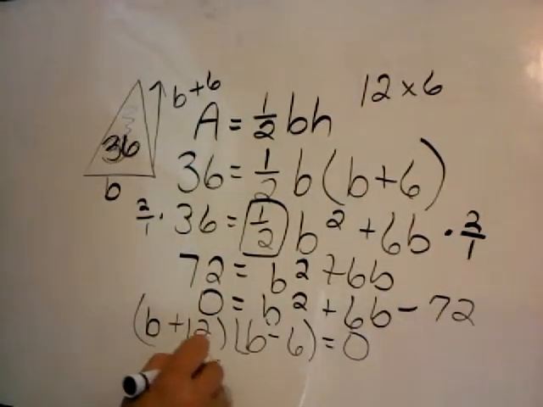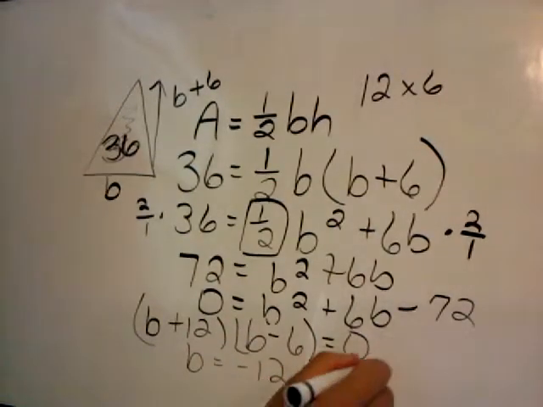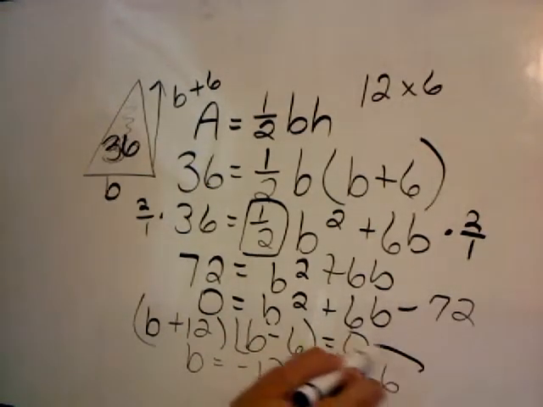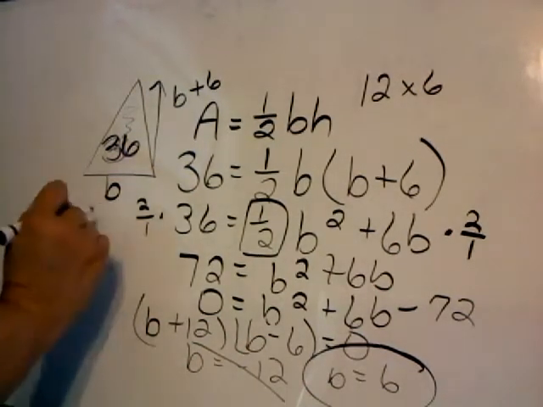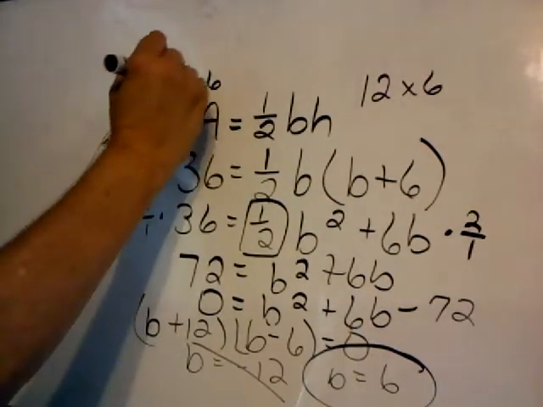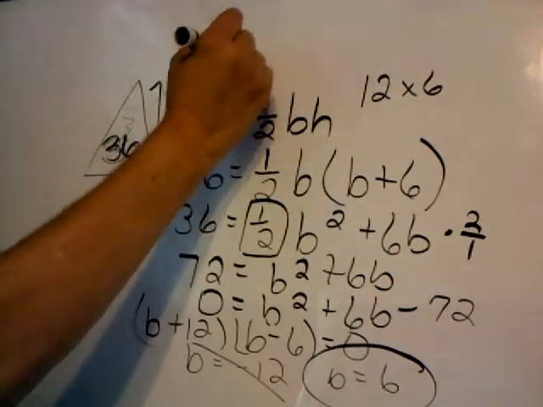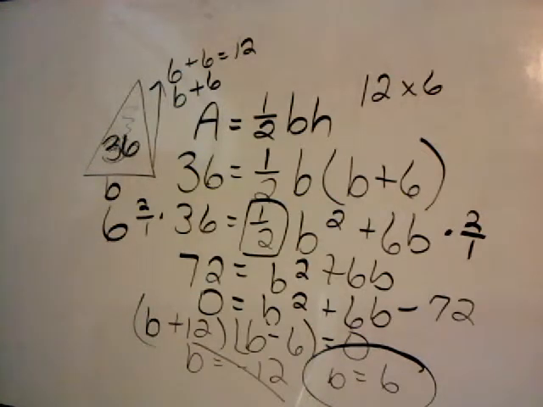That's going to give me b equals negative 12 and b equals 6. Again, I'm going to use this positive answer, not the negative answer. And then I'm going to find out that my base is 6 and that my height is 6 plus 6, which would be 12.